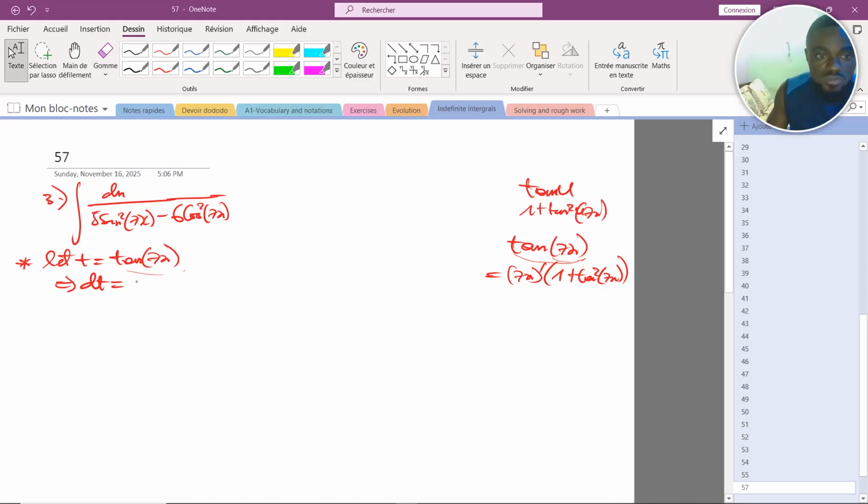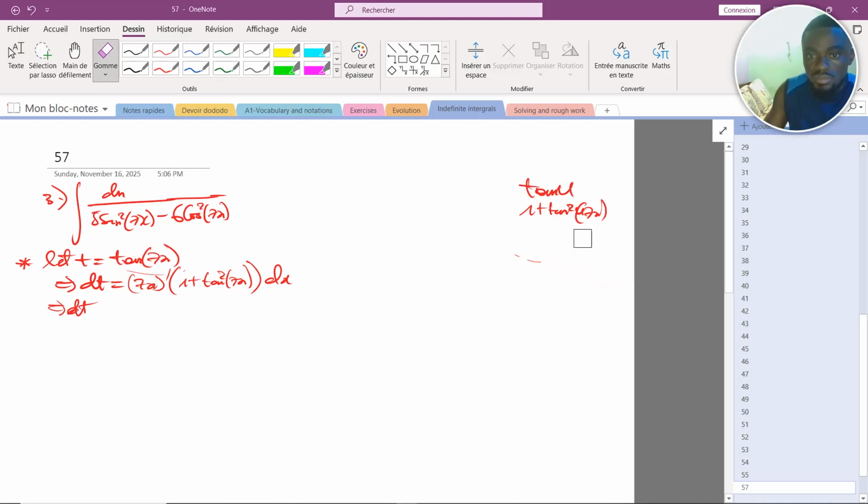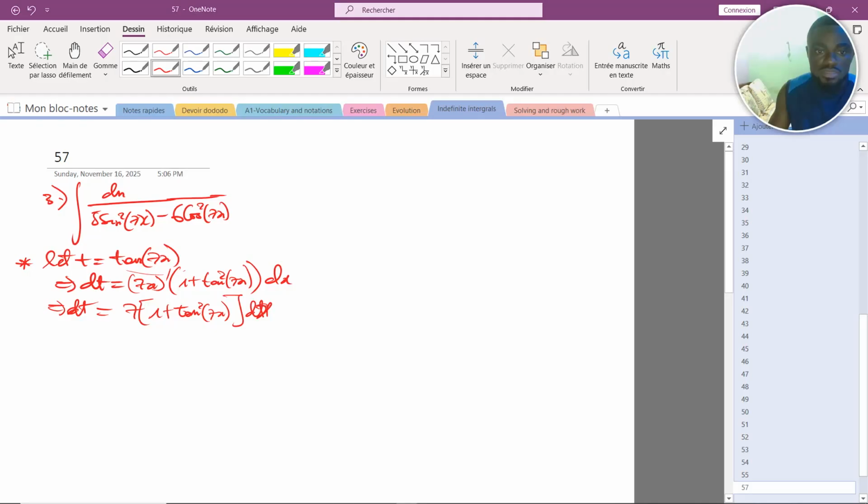So the derivative of this, I'll have 7x prime into 1 plus tan square 7x. Since I was differentiating with respect to x, I'll write here dx. This implies dt will be equal to 7 into 1 plus tan square 7x times dx.